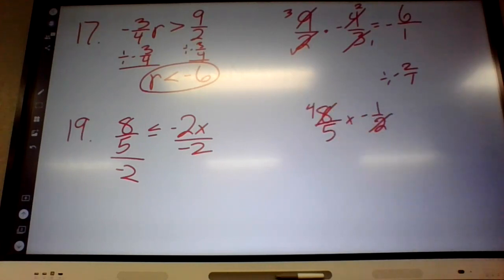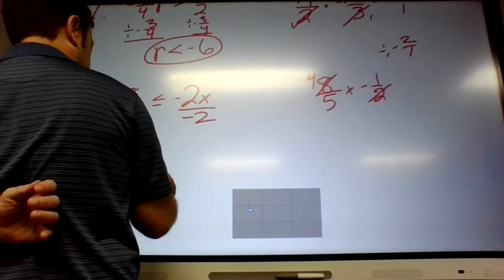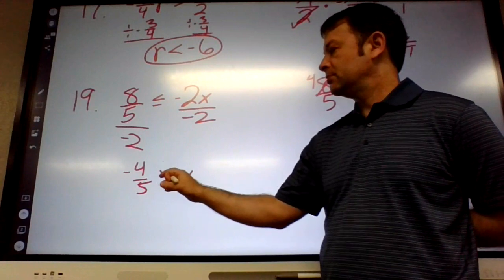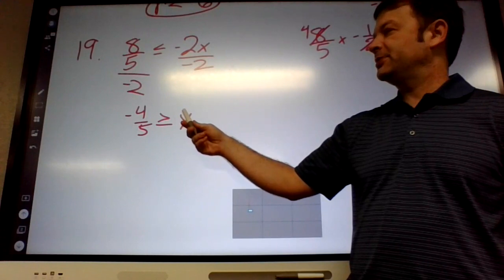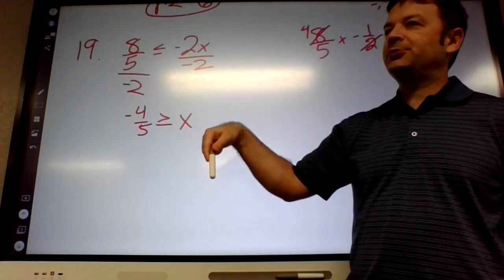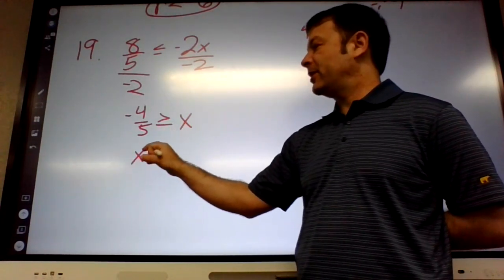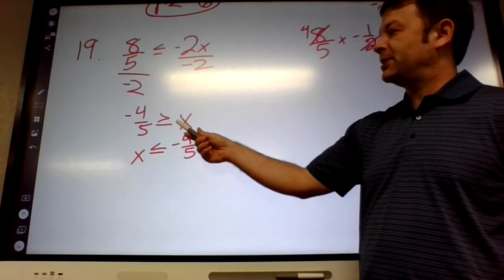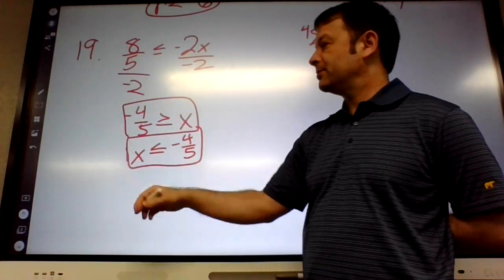So really what happens is that 8 just gets cut in half. So it's going to be -4/5. The inequality is greater than. Okay, now, if we were grading this, it would be x is less than -4/5. Another way of writing this, you don't have to do this, but if I said x is less than or equal to -4/5, that would be this. Or you could rewrite it like that. They're the same thing.